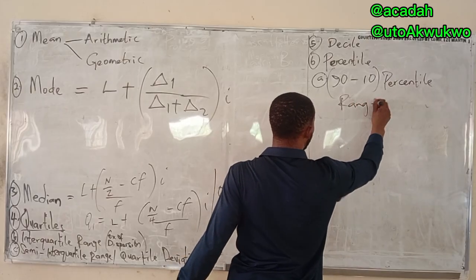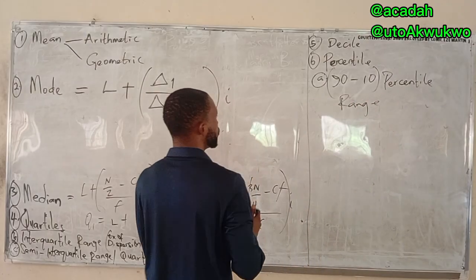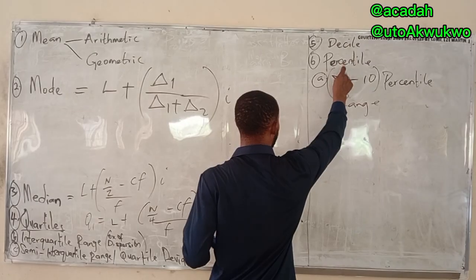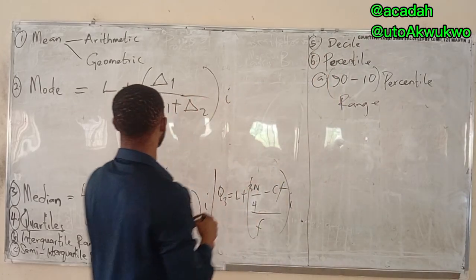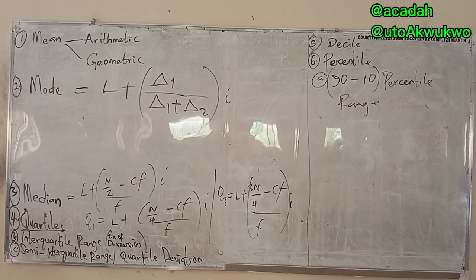This one falls under measure of dispersion. But because I'm taking percentile that is under location, I'll touch it. So there you have it. All those things like mean deviation, standard deviation fall under dispersion. I could have treated it here, but it's too big, so I'll leave it for dispersion.